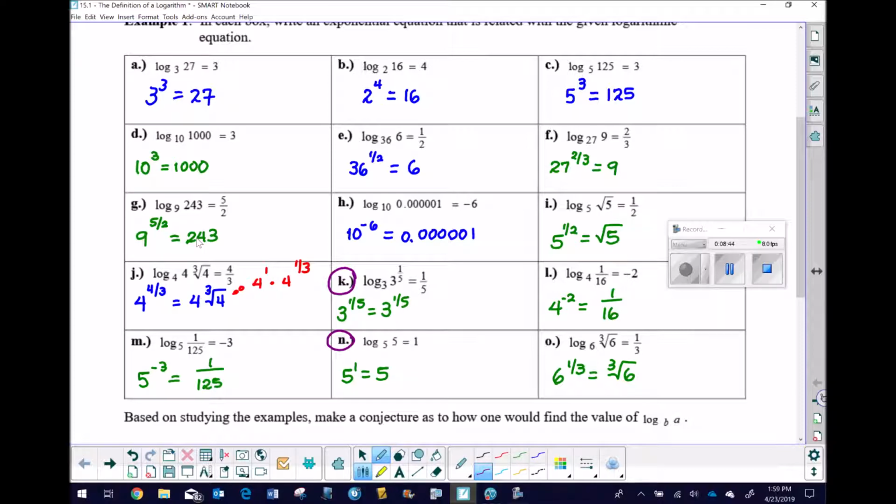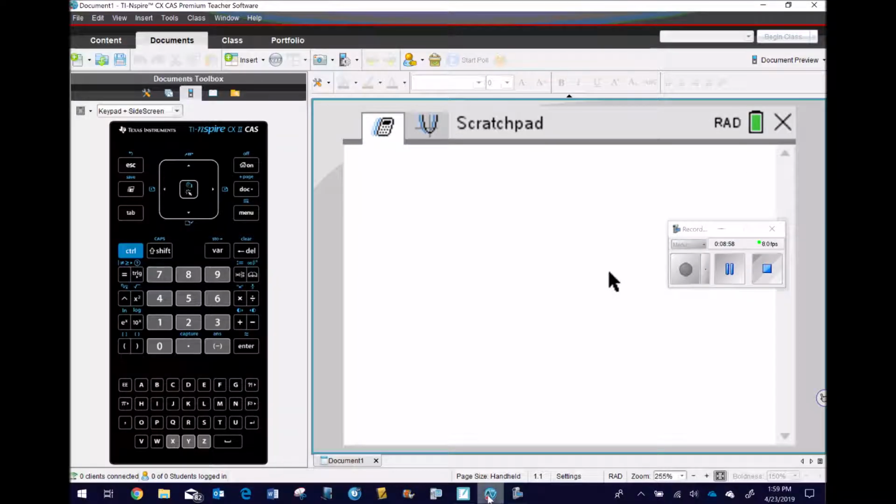Now, one thing I want to show everybody is that a calculator is a great way to compute some of these. For example, if we go back to this A, the log base 3 of 27, it's very likely that depending on your calculator model, you have a button that will allow you to input a log of any base. You would have to have one of the fancier calculators.